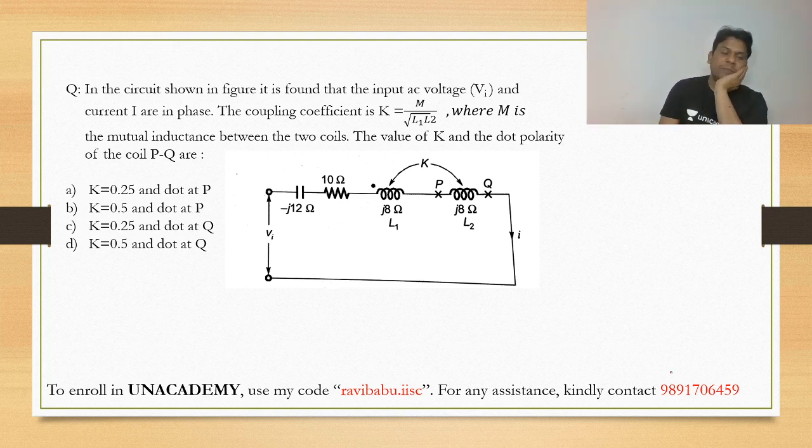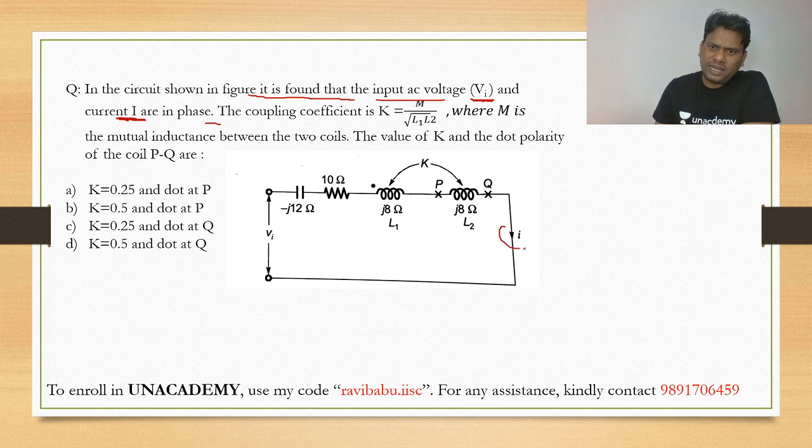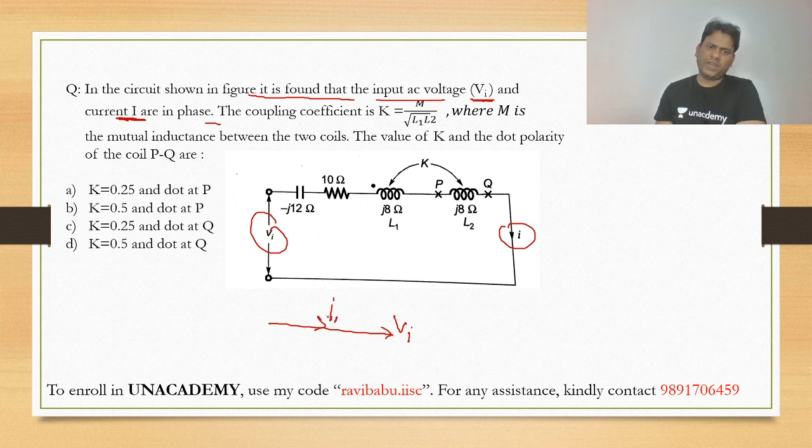The most important line in this example is that the input AC voltage VI and the current I are in phase. This means the current I and the voltage V will be in the same phase in the phasor diagram.